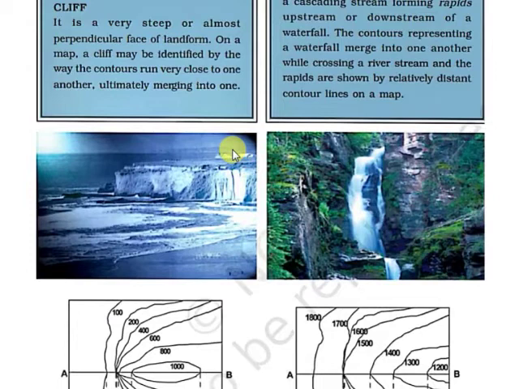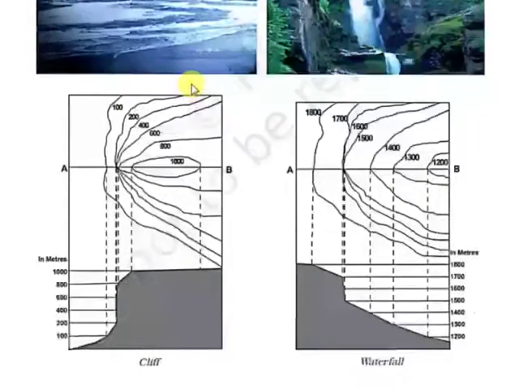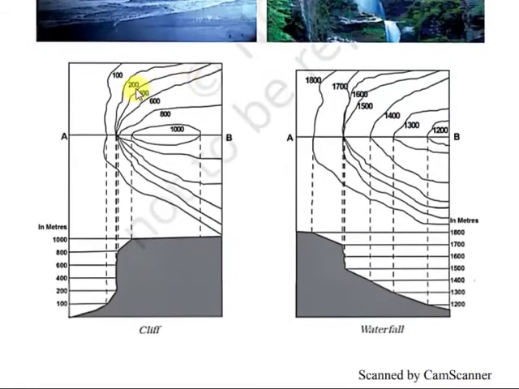There is a cliff. It is a very steep or almost perpendicular face of a landform, and how do we show that? This is a cliff. The actual cliff is like this, and these will be the contours for the cliff. The central portion, which is the higher one, is shown by this contour having the maximum number, and the rest will be reducing.